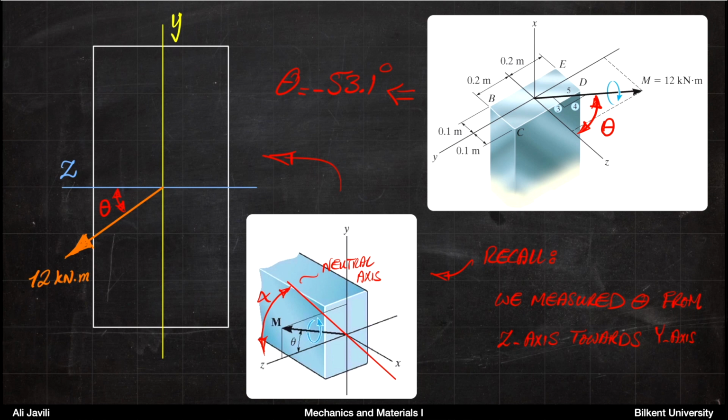So basically what I mean here is that theta is minus 53.1. The value 53.1, obviously you just get it from the dimensions that are given here.